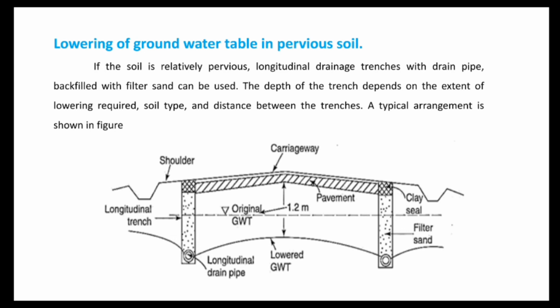If the water gets percolated from this side, as the soil is pervious, and it tries to come in contact with the subgrade and the base course of the pavement, in that case the sand filter allows the water to percolate to the longitudinal drain pipes, which can effectively drain off the water, just avoiding the lateral water to come in contact with the pavement layers.